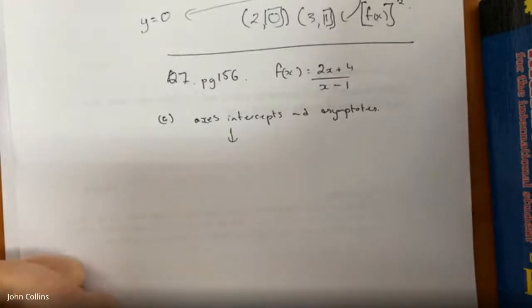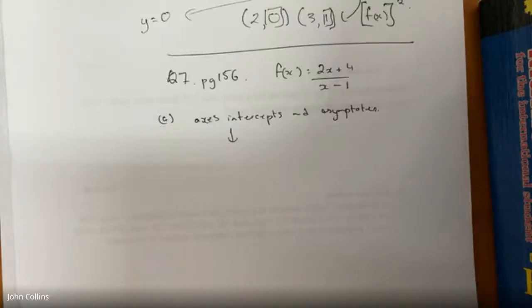Sorry. Well, the y-intercept is 0 because there's no value for the constant, and the x-intercept, wouldn't that be 2? 2 is the x-intercept and the y-intercept is 0.